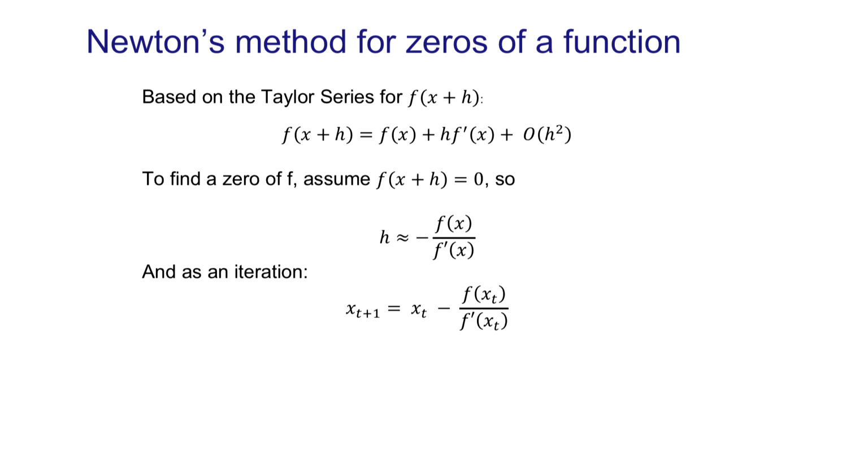So Newton's method, you can derive using a Taylor series. The idea is look at this expansion around a point x. You take a step of h away from x, and you can expand that on the second line there. And if we want to find a zero, basically we ignore this term and just solve for h from this equation.